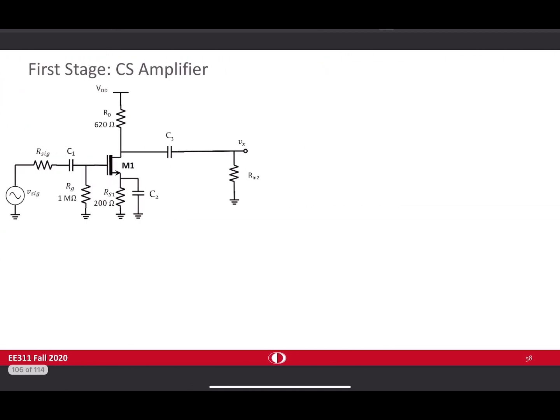You can represent the first stage by this equivalent circuit, where this Rin2 is the loading coming from the second stage. So the input resistance of the second stage behaves like RL for the first stage. Okay. So when you find Rin2, you can simplify the circuit like this.